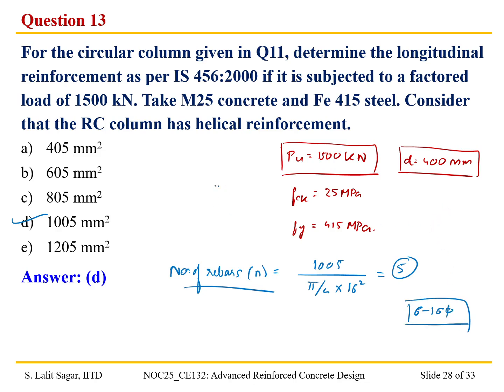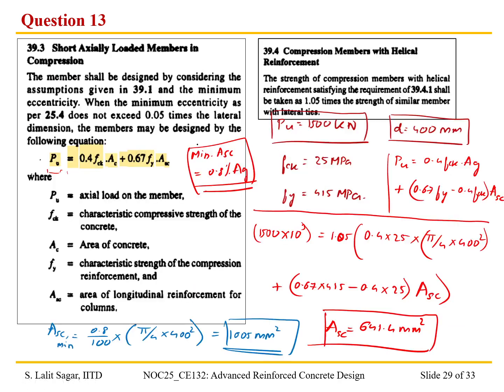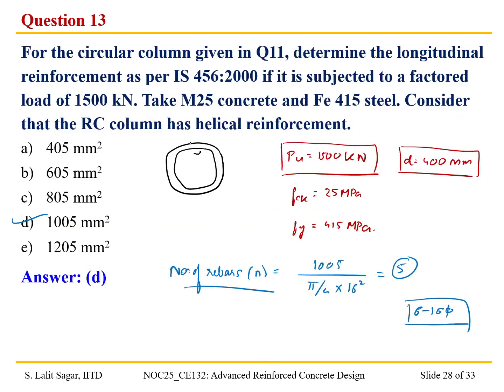I'll try to draw a very rough cross section. Here we have the helical reinforcement, and we need to provide 6 rebars.